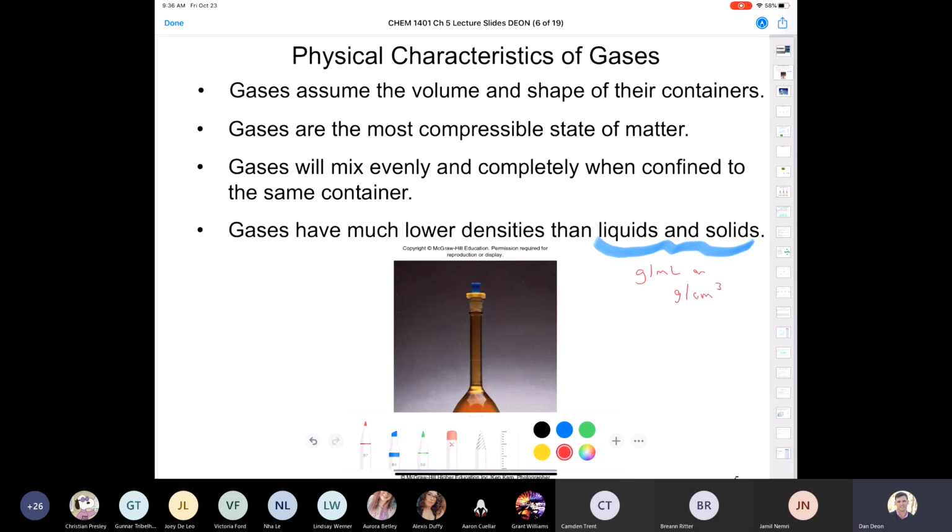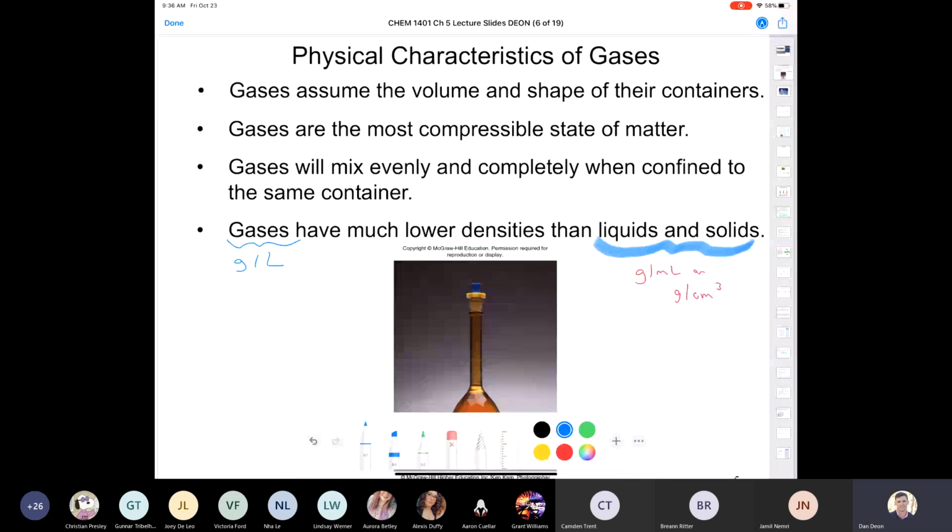Those are the common units that we like to use in chemistry class. Whereas for gases, we use units grams per liter, right? Because there's going to be so little gas in a gram per milliliter that the densities are so low that you have to keep track of all these different zeros, okay?